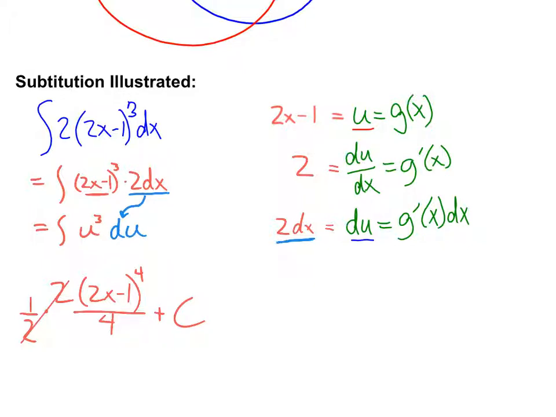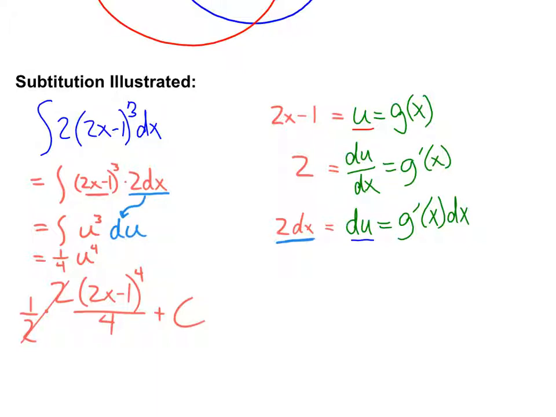Now, what's the integral of u to the 3rd du? 1/4 u to the 4th. Okay? So this is 1/4 u to the 4th, which, what do you know, equals 2x minus 1 to the 4th over 4. I plug back in the 2x minus 1 for my final answer.